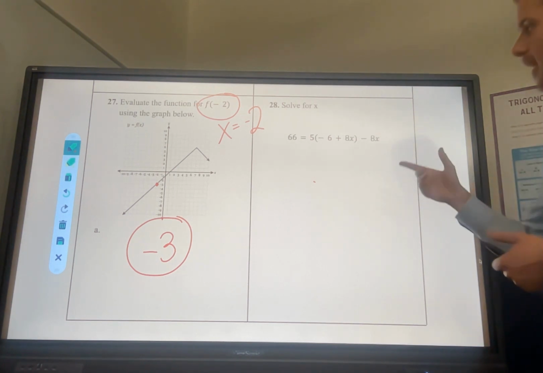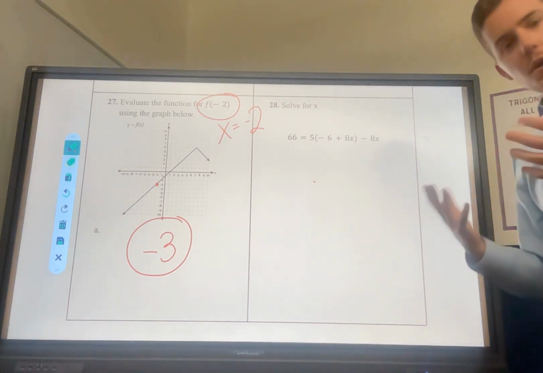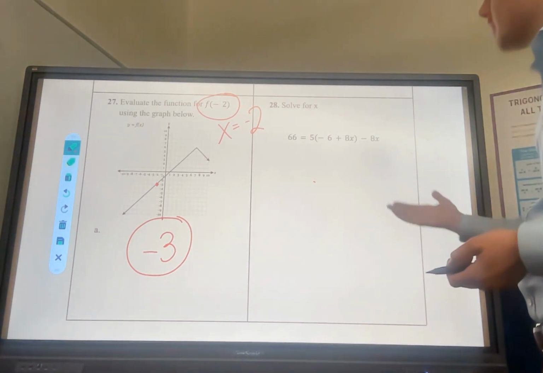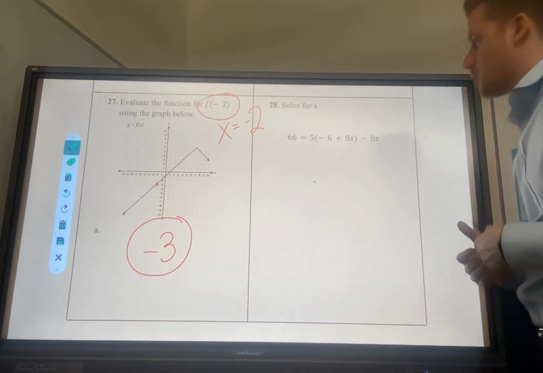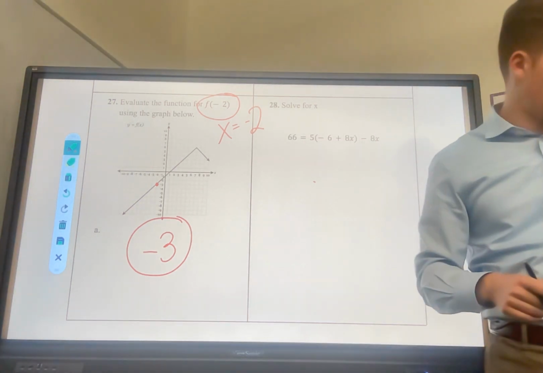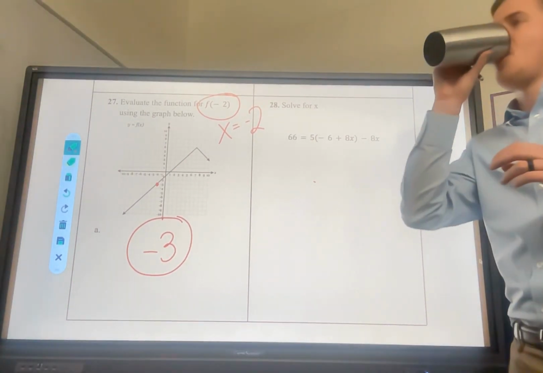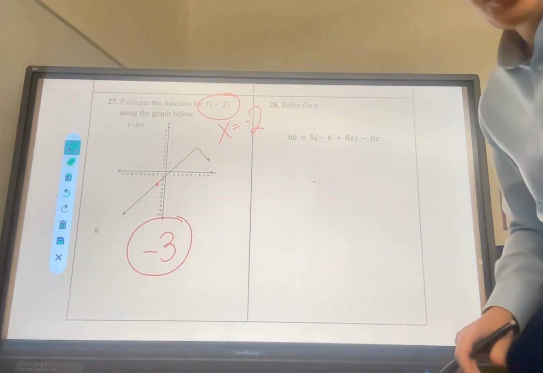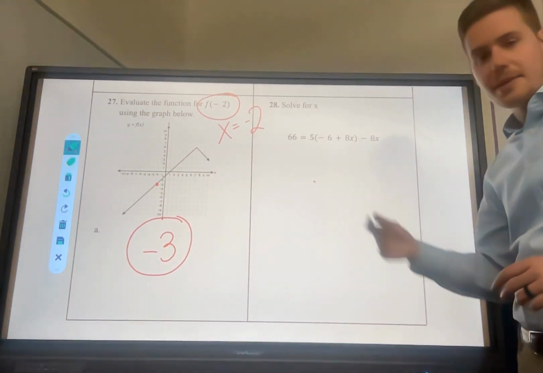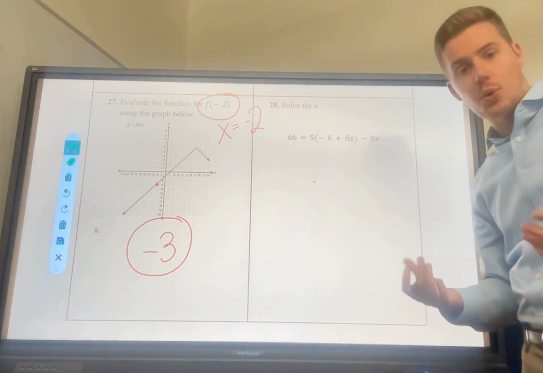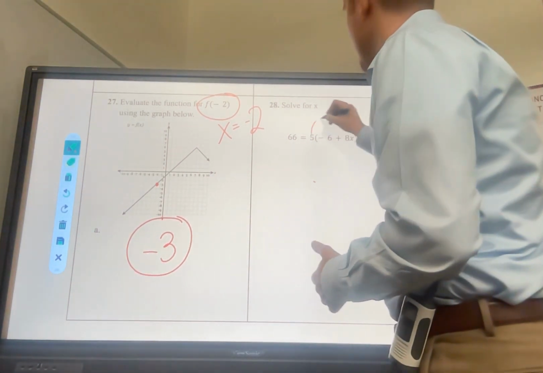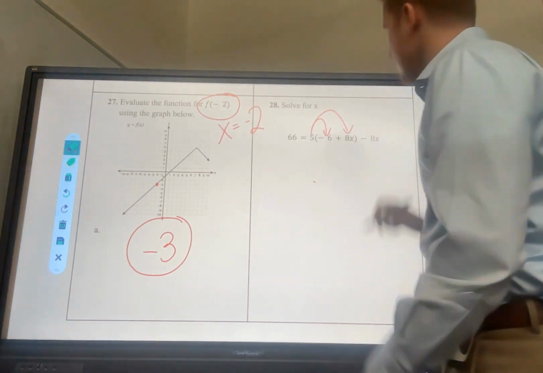It says solve for x. All right, so my first thing I'm going to do here, I've got 66 equals 5 times (-6 plus 8x) minus 8x. All right. So our first step, I see some parentheses, so PEMDAS, order of operations. Always distribute first.